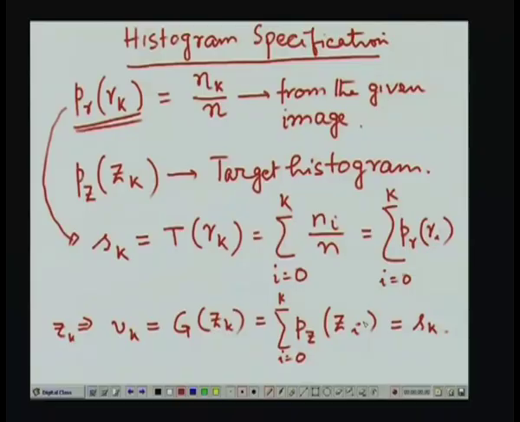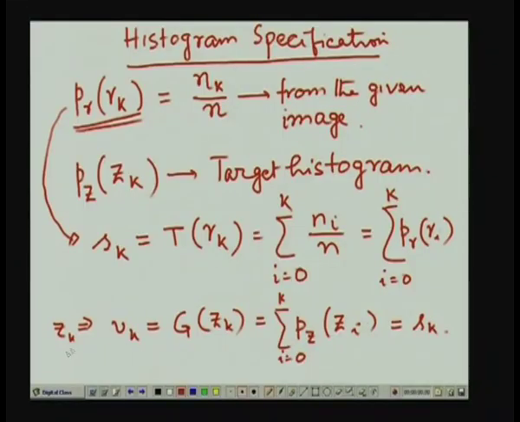Now, once I get this, to get the processed image I have to take the inverse transformation. For this particular Zk, we have Vk equal to G(Zk), which is equal to Sk, and G(Zk) is computed in this form.